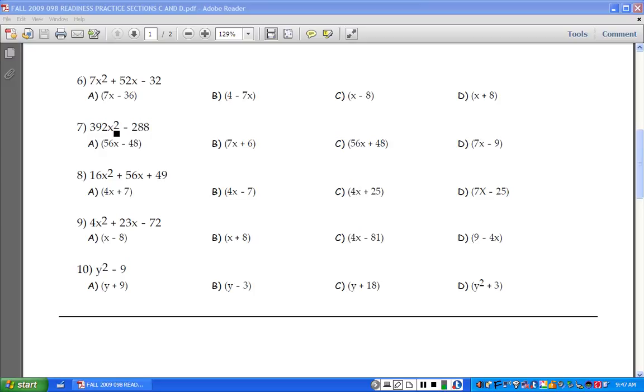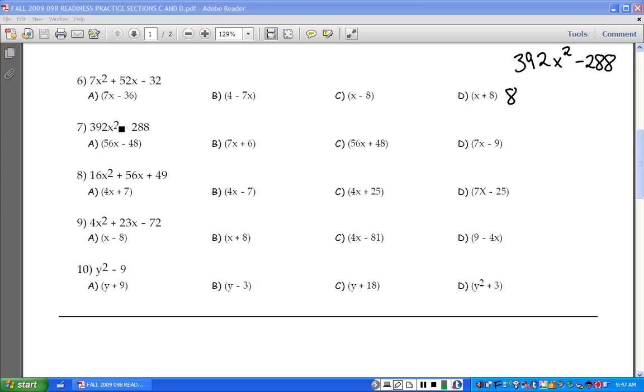So I could pull an 8 out of both of these numbers. So let me write it up here, 392 x squared minus 288. Okay, I can pull an 8 out.